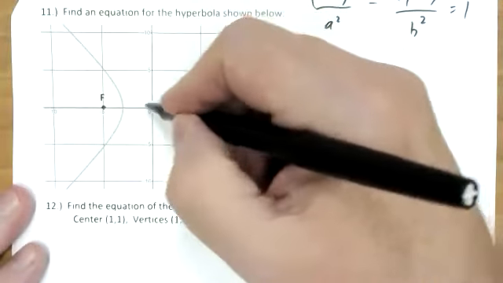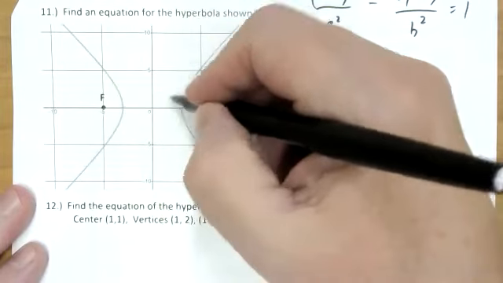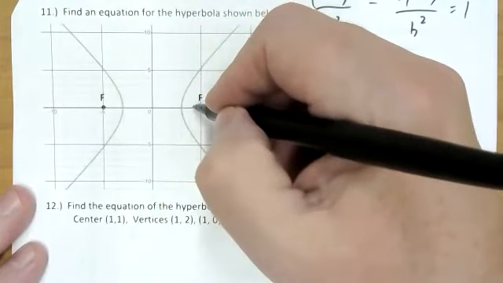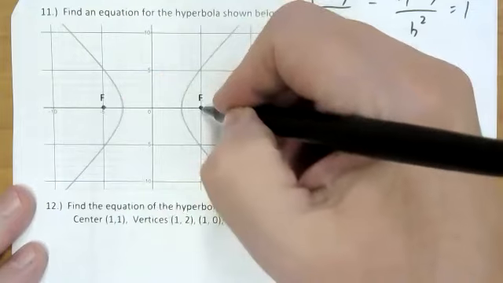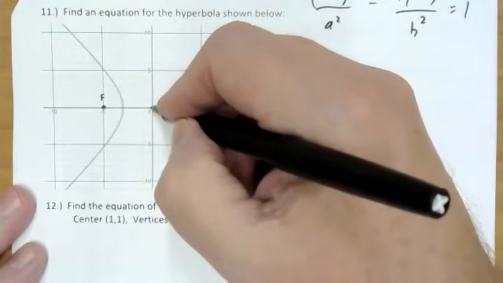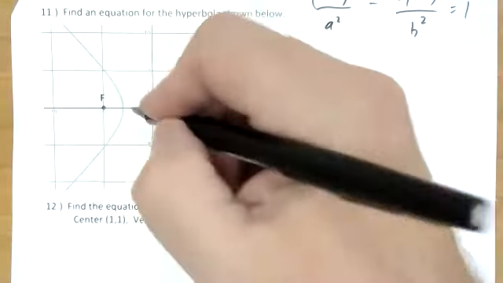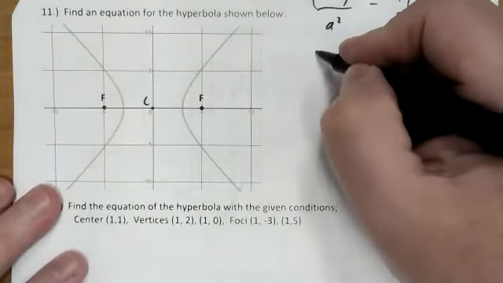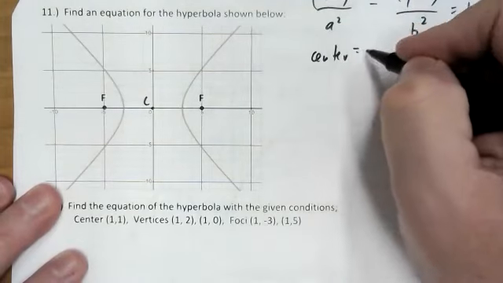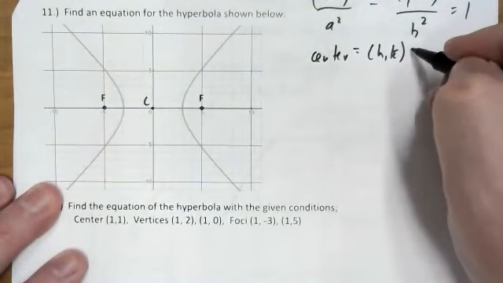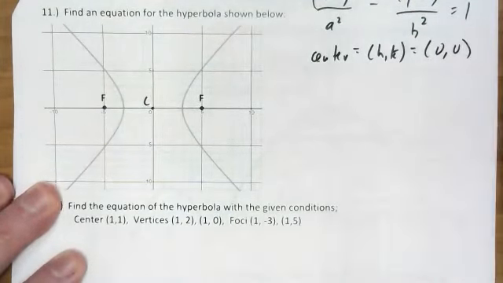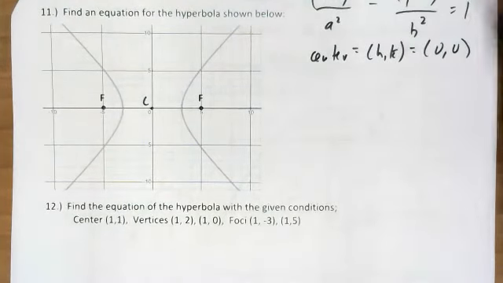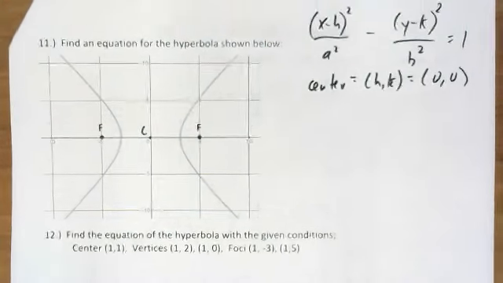So the center obviously is going to be right in the middle between the two parts of the hyperbola, or you could think of it as between the two foci. It's pretty clear, I think. Looks like the center is at the origin. So actually the parentheses are going to go away.